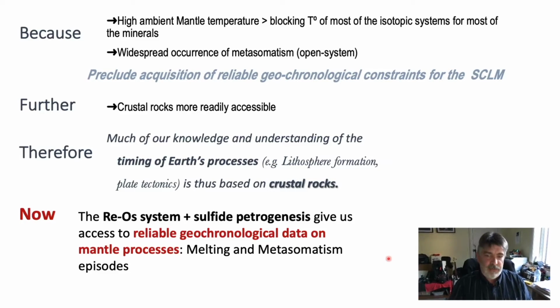Now, thanks to the rhenium-osmium system properties, combined with the different petrogenetic history of sulfide and our ability to measure this isotopic system in situ, we can unfold the timing of mantle events, such as melting events, but also metasomatic episodes directly.